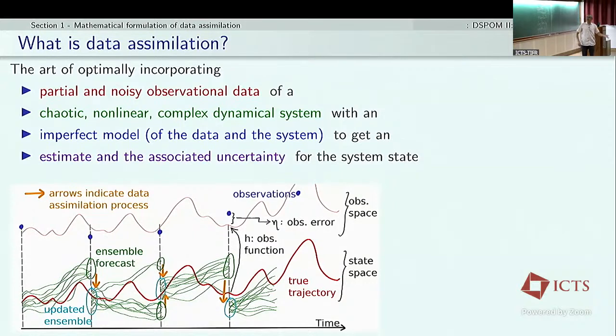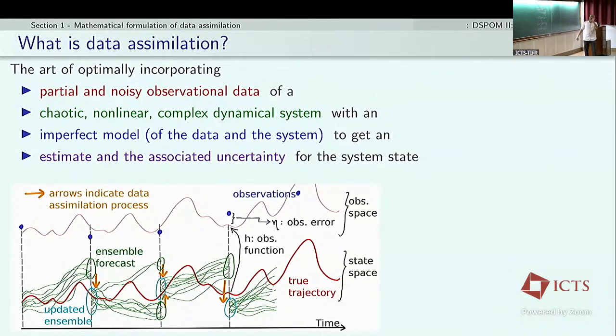The choice is made so that you don't have to deal with chaos. But here, we don't have a choice when dealing with the Earth system. So these are chaotic, well, necessarily nonlinear, otherwise they cannot be chaotic, and complex dynamical systems. That part we will come to when we discuss the Earth system details.